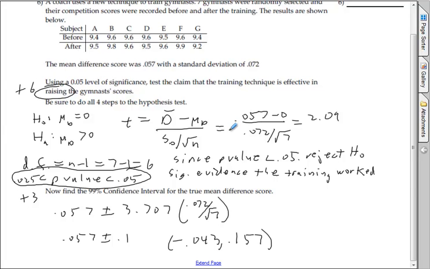My question is, does the null hypothesis have to be equal to 0? Yep, it has to be equal to 0. That's like saying the average change before and after is nothing. Right?